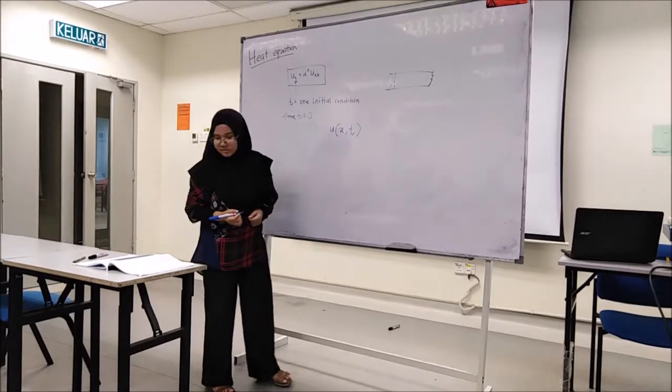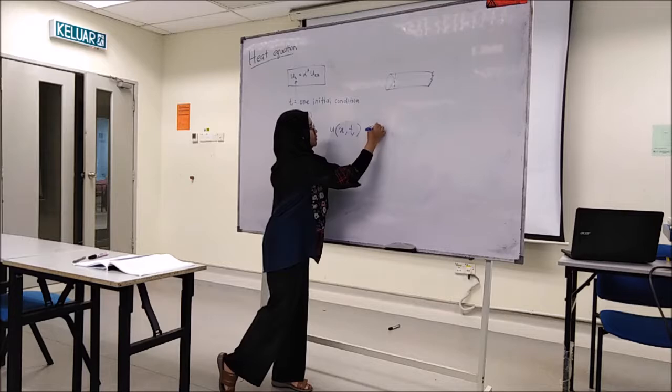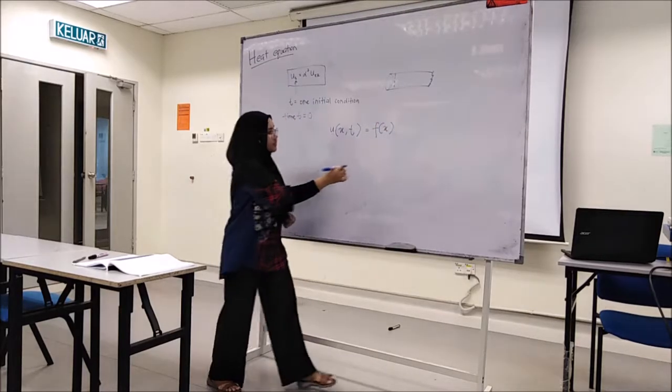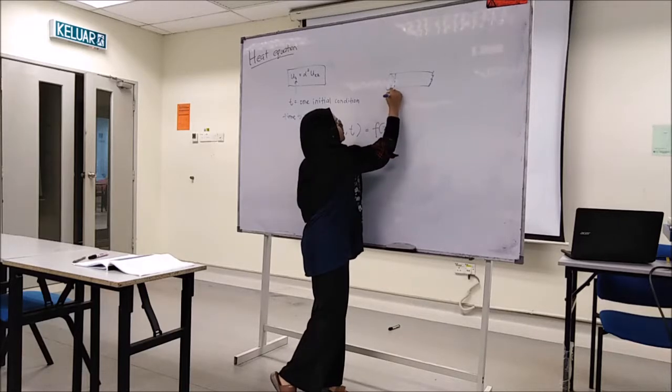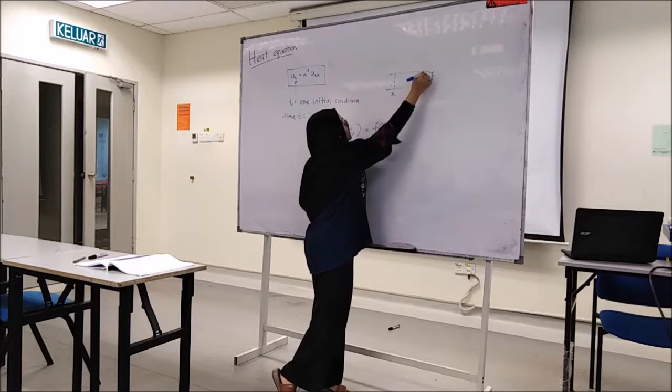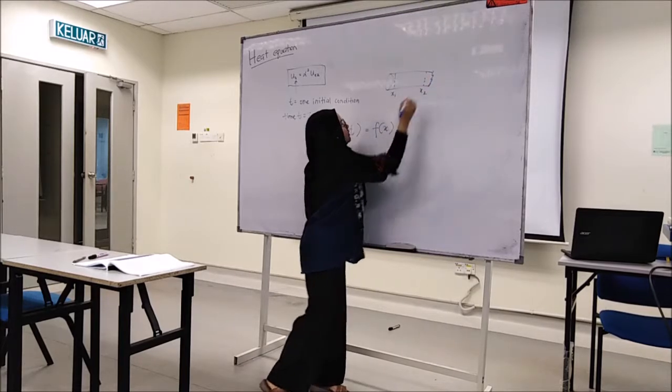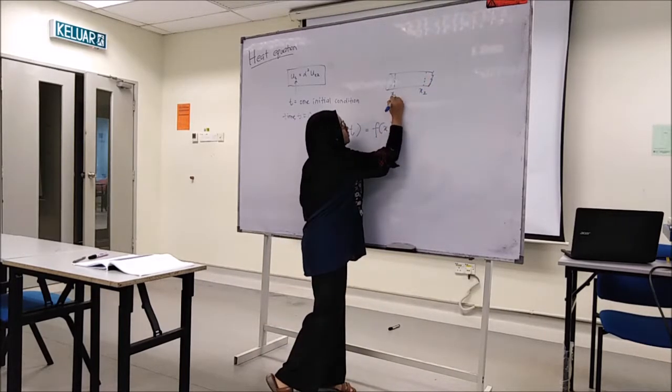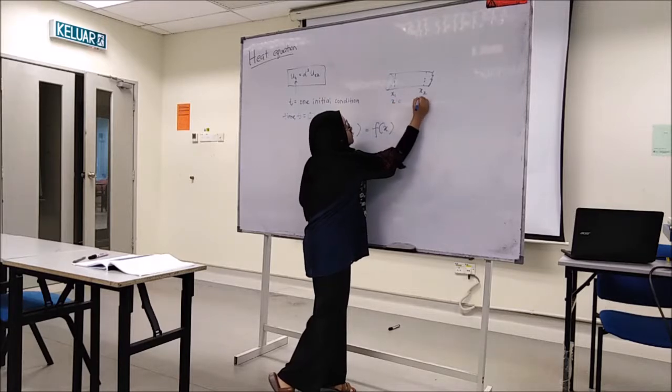So it is equal to some function in the interval x, for Izzul x1 and x2, right? But we can use x equal to 0 and L.